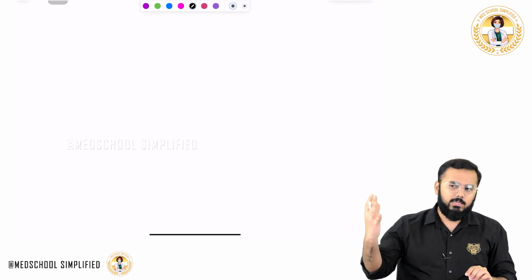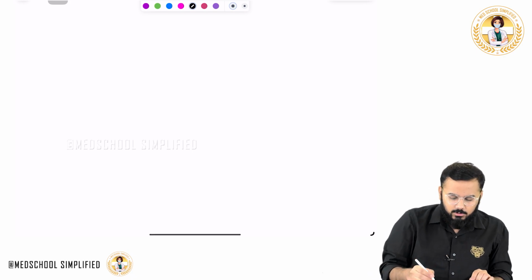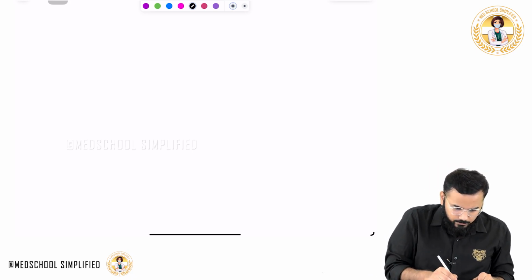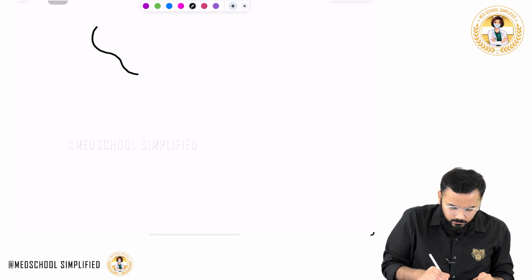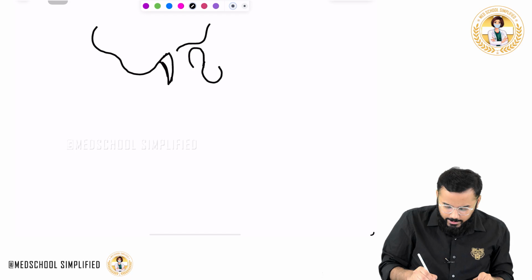So how I'll draw is that in this particular view, if you look at the structures, how do the structures look? And adding upon that, I'll draw the triangle. You can see that this is your mandible, right?